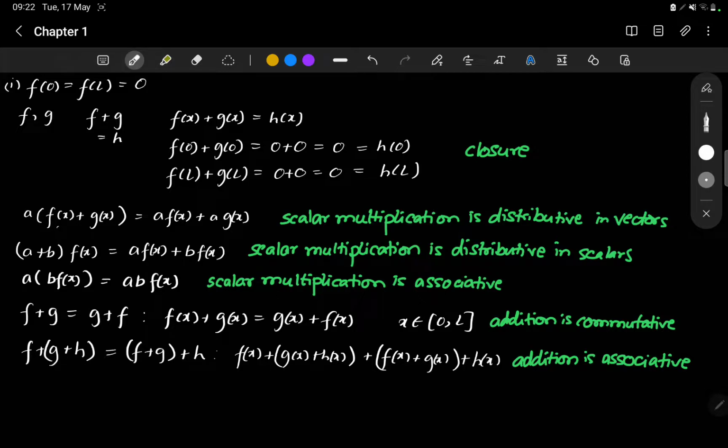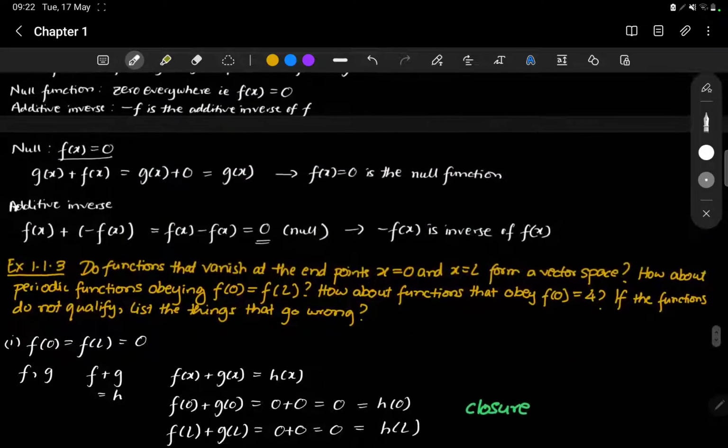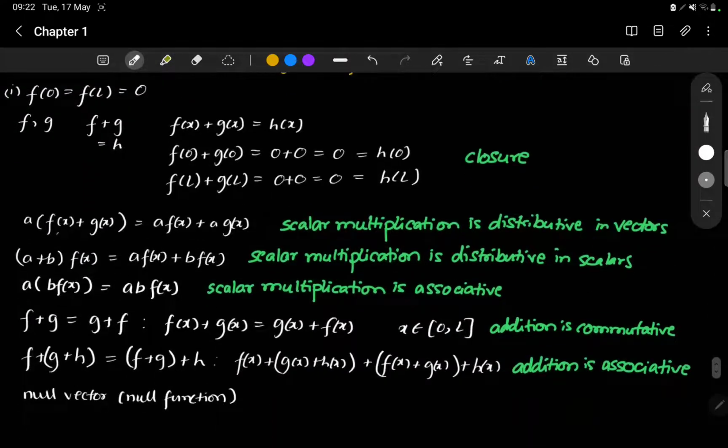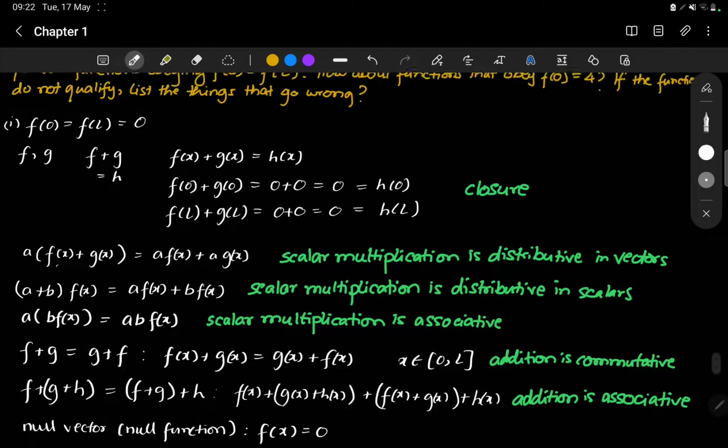Then it is about the null vector, or in this case the null function. This we have defined earlier. We have defined our null function as f of x equal to 0 at all the locations. f of x takes the value 0 at all the points in 0 to L. This is our null vector.